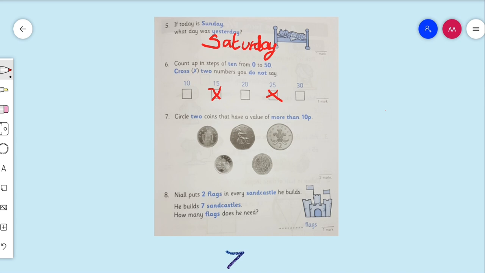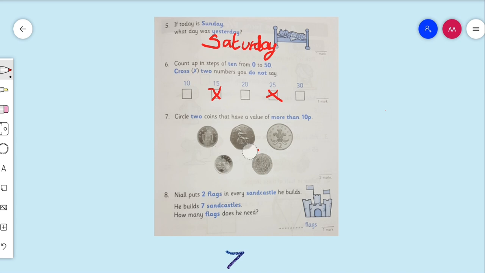So now we'll do question number 7. It says circle 2 coins that have the value of more than 10p. So let's see this first. This is 1p. So 1p is less than 10p. So it can't be that. And this one is 50p. 50 is more than 10.